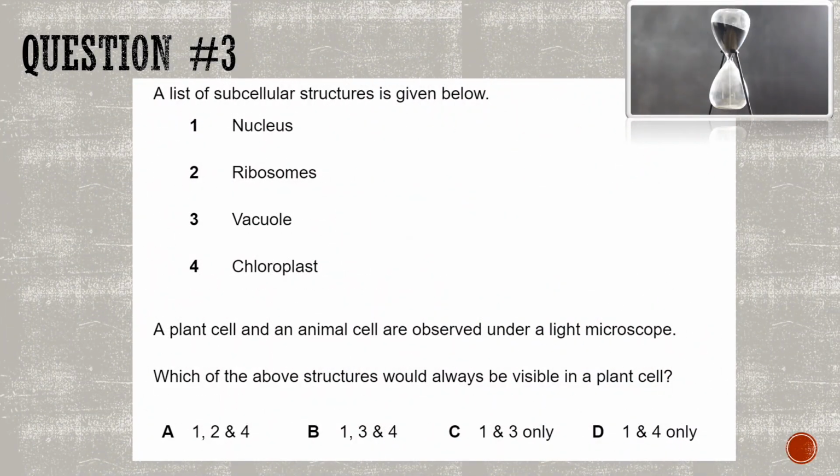Question 3. A list of subcellular structures is given below. Number 1, nucleus. Number 2, ribosomes. Number 3, vacuole. Number 4, chloroplast. A plant cell and an animal cell are observed under a light microscope. Which of the following structures would always be visible in a plant cell?